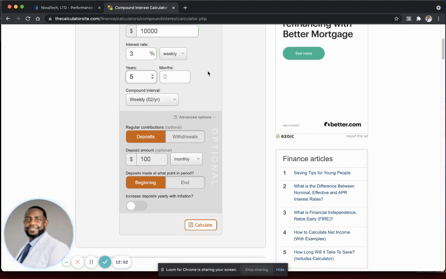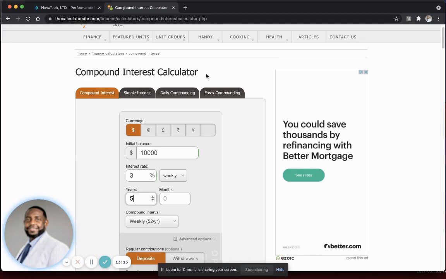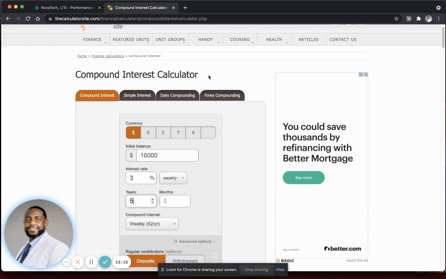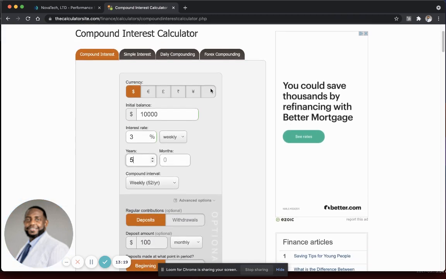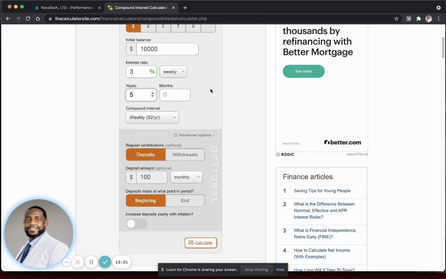Now, the reason why I say 5 years, because I know several people who have $10,000 CDs, certificates of deposit, or what we call sometimes in the financial space, certificates of depression, right? Because most people look at the type of earnings they get from their CD and they start to become depressed. Well, I don't think anybody will be depressed if they, instead of doing a CD, do a platform like this, a company like this, and they do 10,000, you're going to earn on average 3% a week.